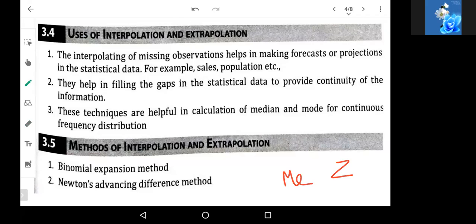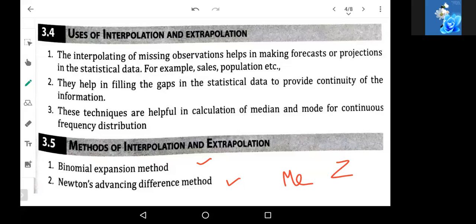Okay, so firstly, we will be going with the binomial expansion method. Now, when all can we solve using the binomial expansion method?